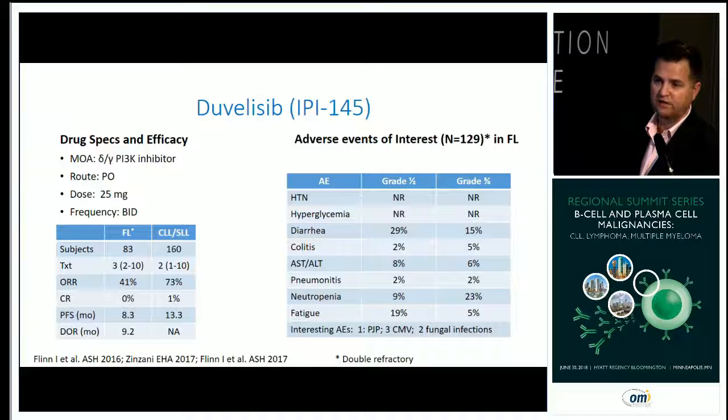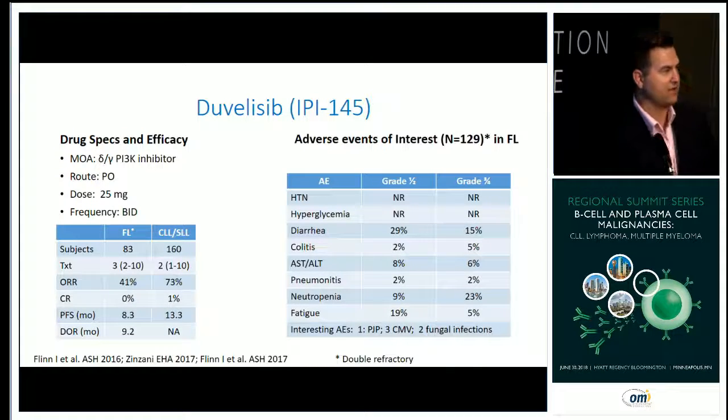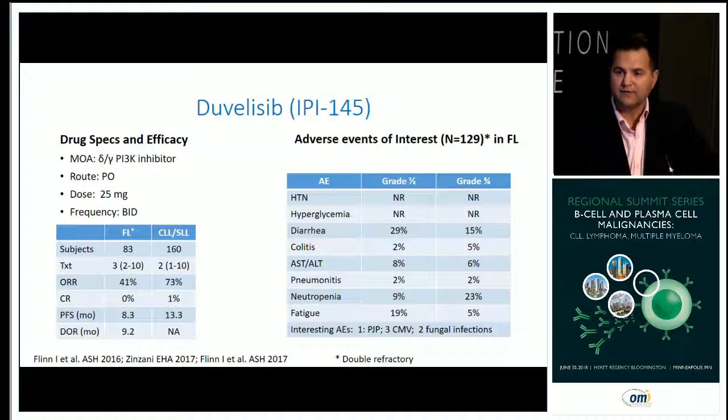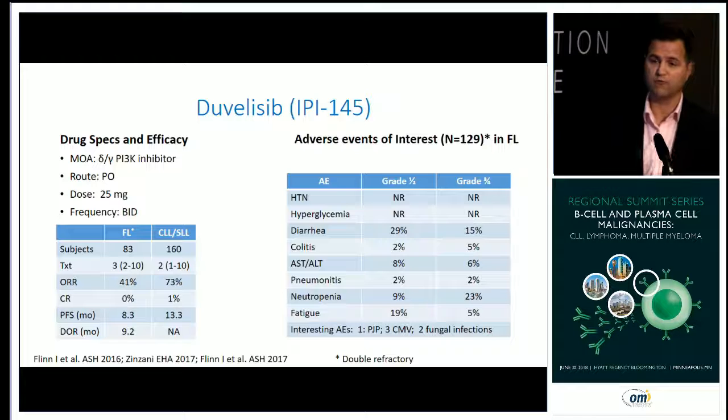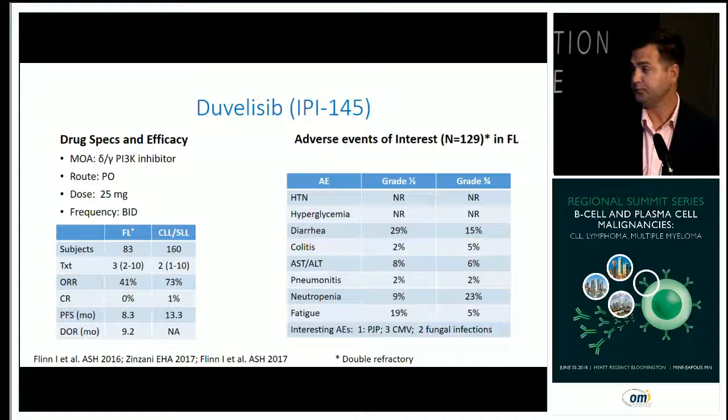I caution on the CMV because this is a heavily pretreated population. It is not common for us to check a viral load at the time of initiation of therapy to know if those were low-level CMV reactivation or low-level CMV activity, and then treatment was just found as part of a workup, if you will, for diarrhea.